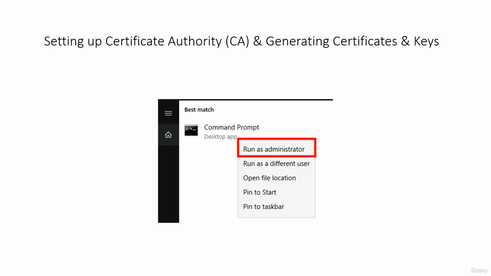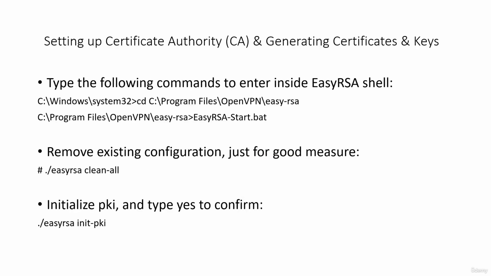And then we need to run some commands. We need to type these two commands to enter the Easy RSA shell. First type this, then after that it will enter the Easy RSA shell.